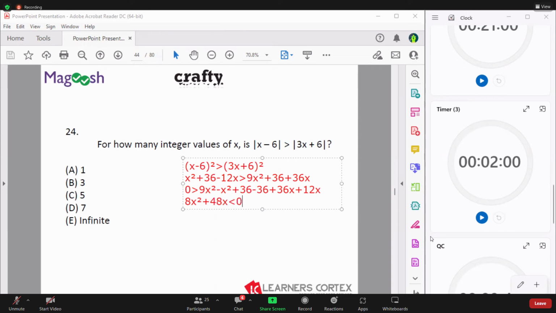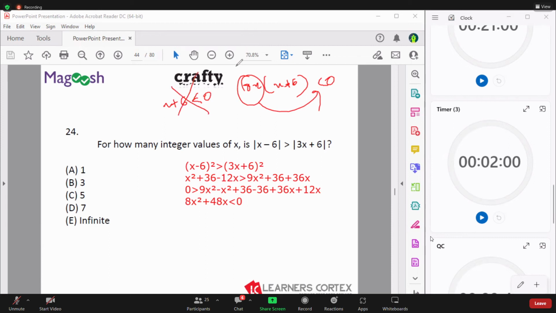Now, one common mistake about inequality or quadratic equation, or not necessarily a mistake, but people will do that. Oh, since 8x is common between 8x square and 48x, we'll divide this here, and this becomes x plus 6 is less than 0. So this is not the answer.